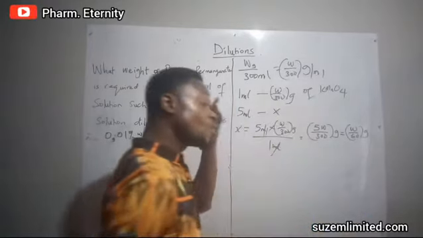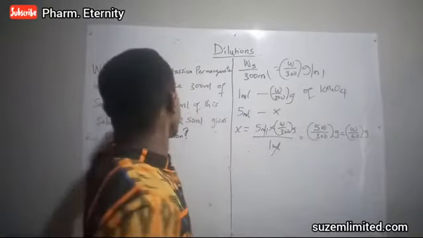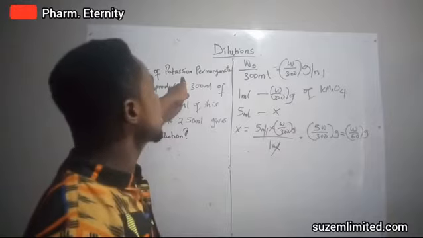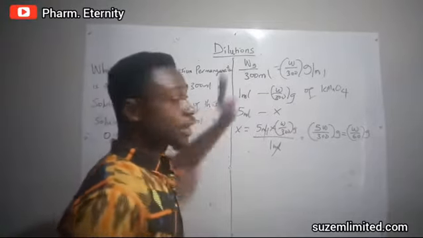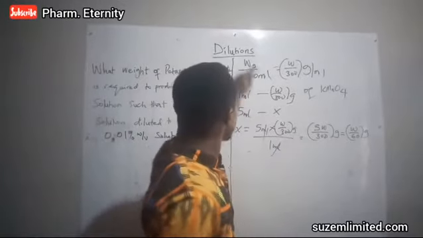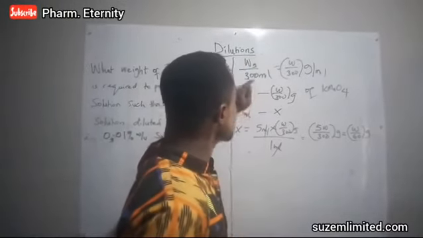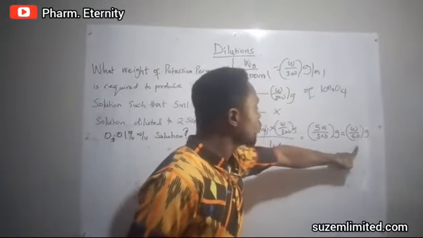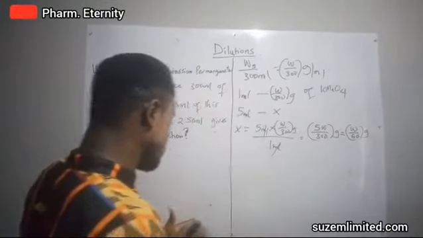So W gram of potassium permanganate was used to produce 300 ml, and 5 ml of this solution will contain W over 60 gram of potassium permanganate.